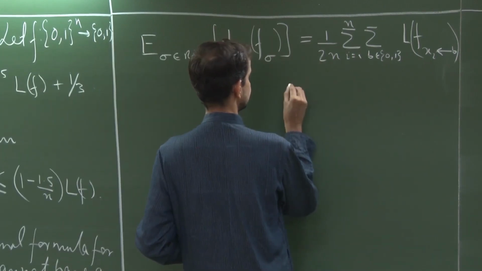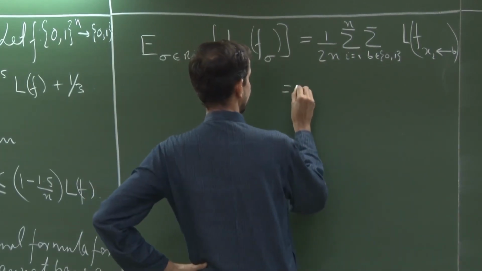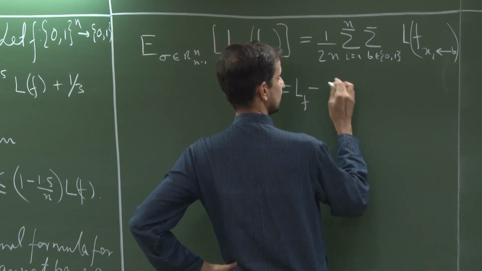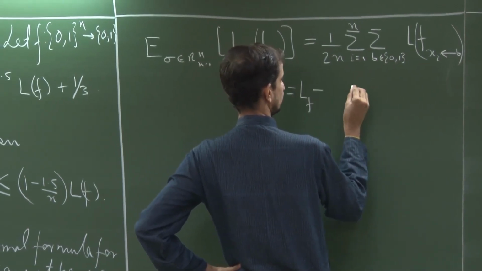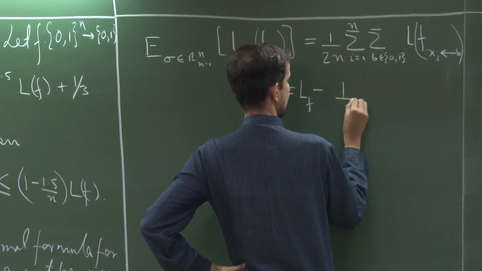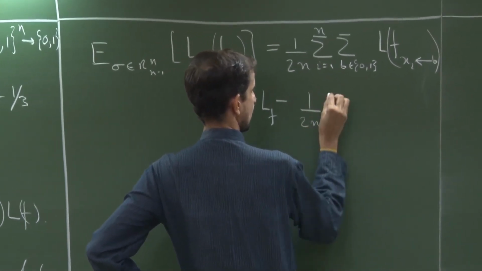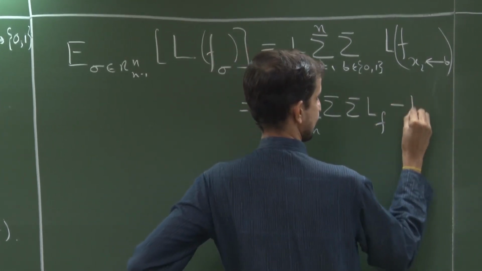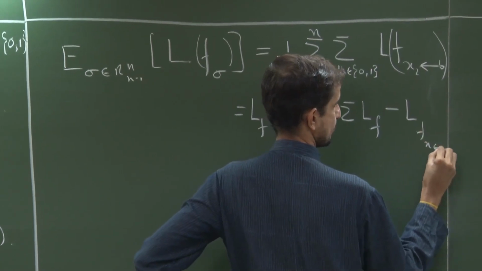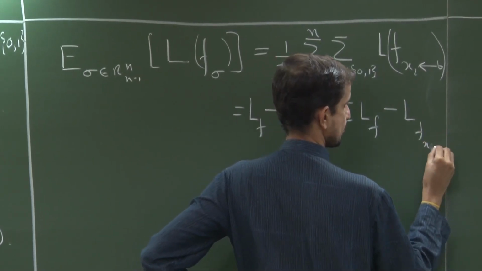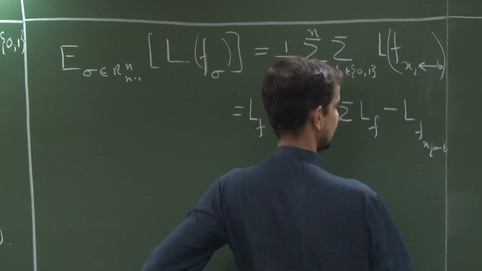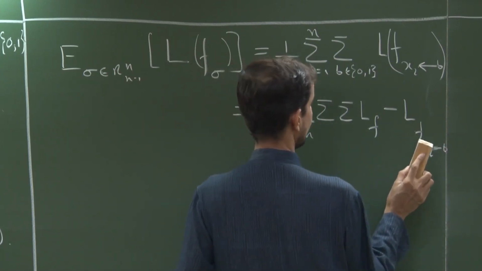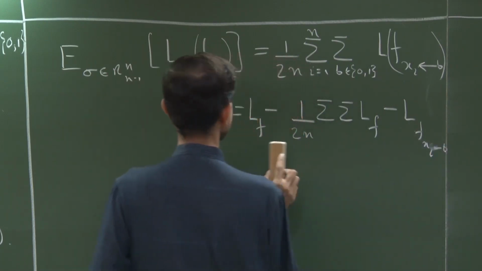So, now I can rewrite this as L of f minus, the expectation where xi is assigned the value b.